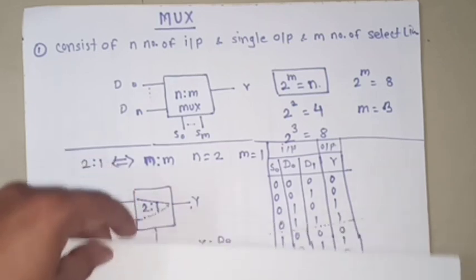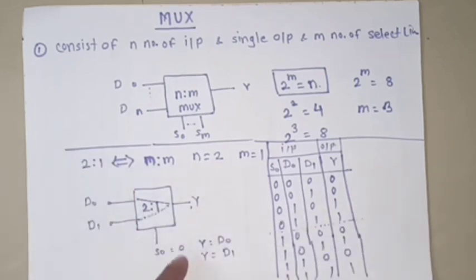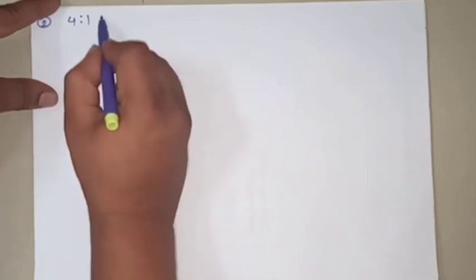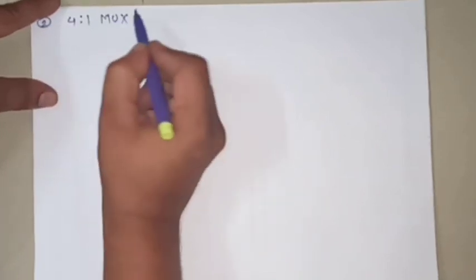In the last lecture also we studied the 2:1 mux. Now let's consider the next type of mux, that is the second type, the 4:1 mux. Here the inputs are 4 and the output is 1.